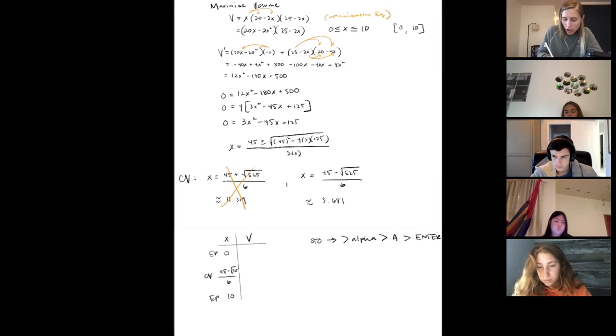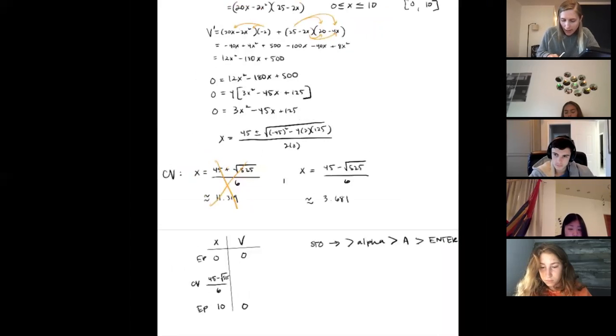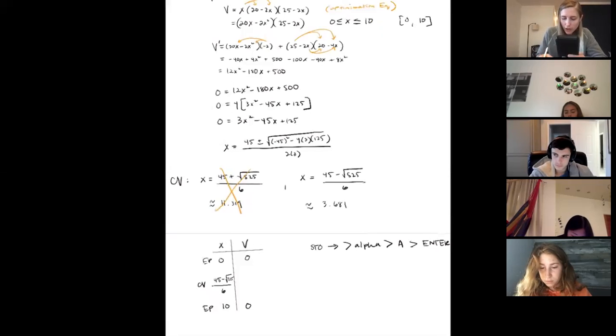So I know volume is 0 when x is 0 or 10, but then if I want to type in using the stored value, that would be A times 20 minus 2 times A. And then it's just hitting alpha and A, or whatever letter you store under.